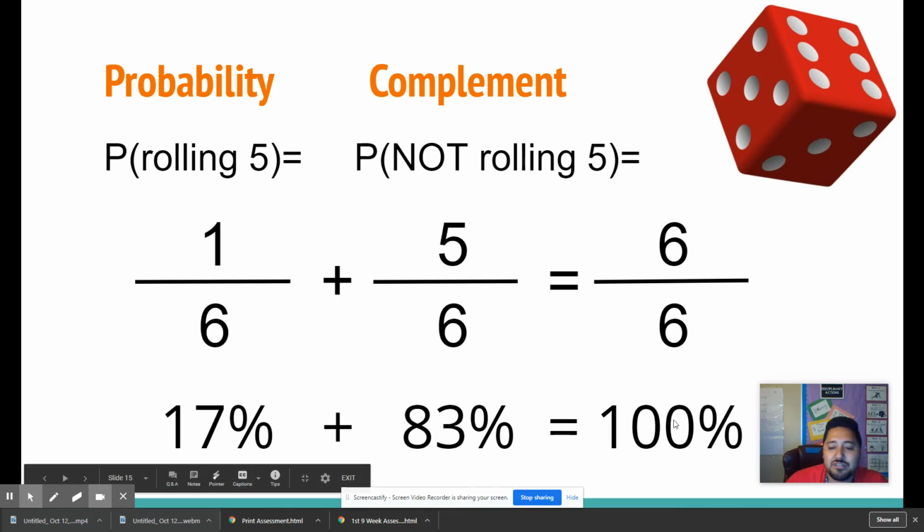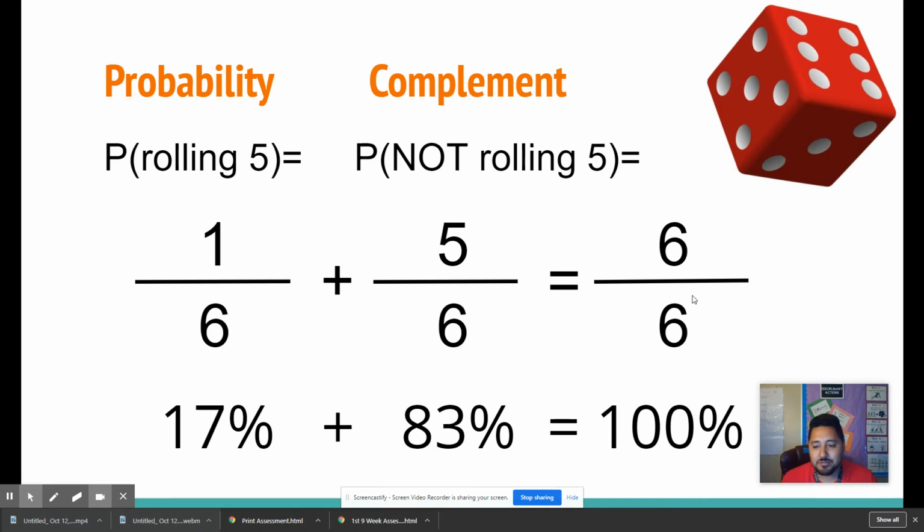And so these two, the probability and its complement, are equal to all possible outcomes. Because it's 100% certain that we'll either roll a 5 or not roll a 5. Does that make sense? I hope that makes sense. The reason why both of these, when added up together, equal 100% is because we're 100% certain that we're going to roll one of those numbers.